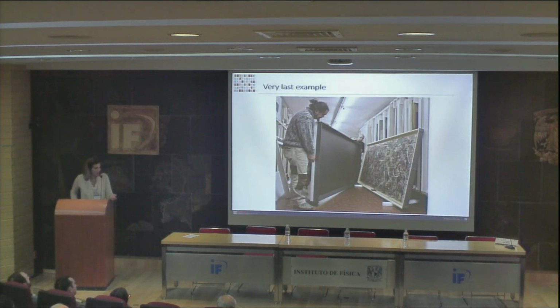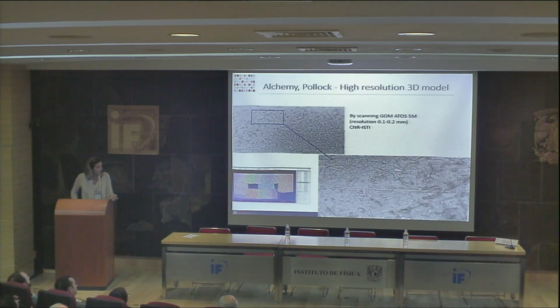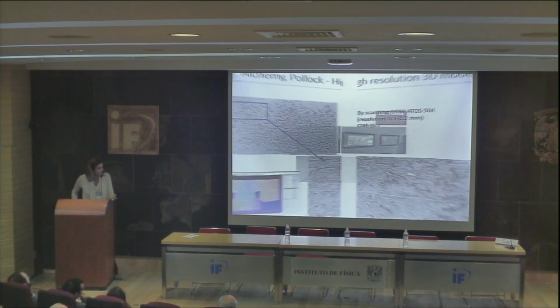The very last example was done during a national access on the painting Alchemy by Pollock, a very huge painting, something like 3.5 by 2.5 meters. Also the 3D survey of the painting was performed, and a digital model was realized, and after the digital model, a plastic model that is now exposed at the Guggenheim Museum in Venice.